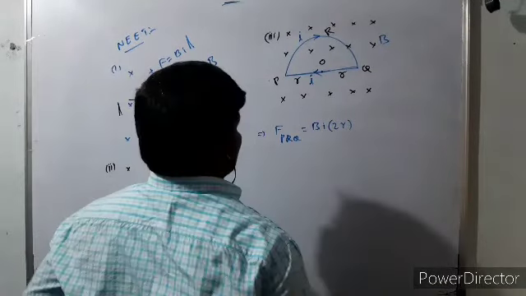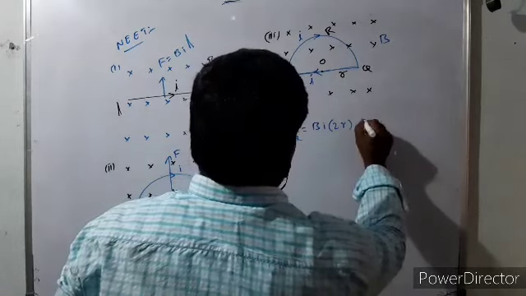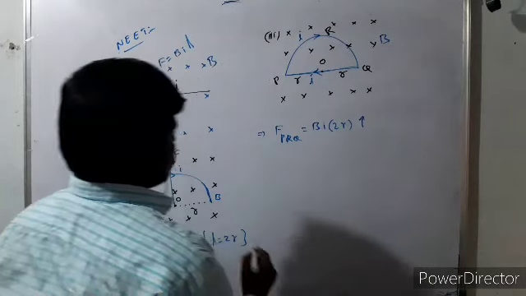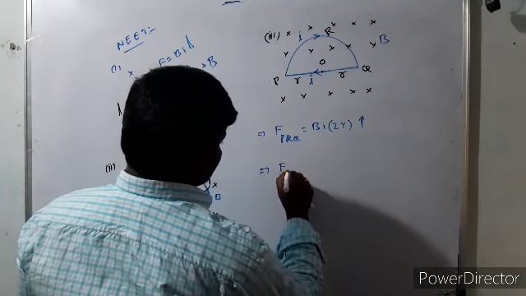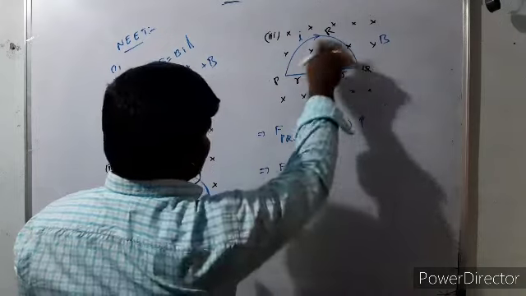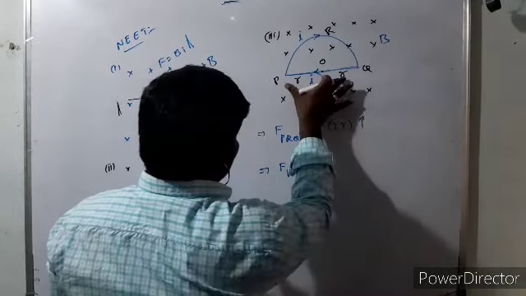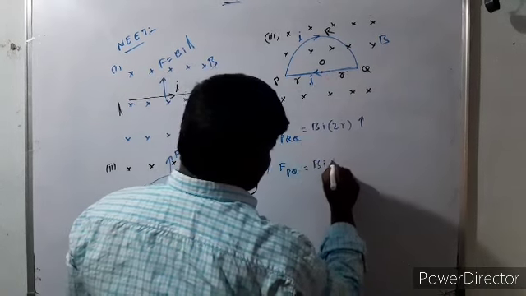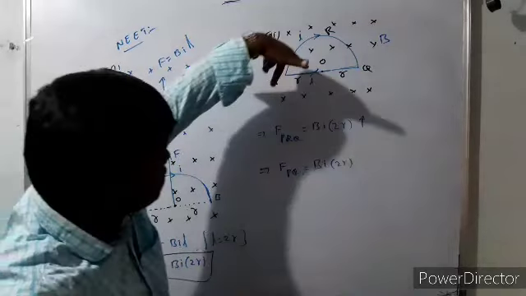Now BI into 2R, and the direction of the force is upwards. Similarly, the force on PQ. PQ is the straight conductor, PRQ is the semicircular conductor. Now BI times the perpendicular distance between P and Q points, here also 2R.